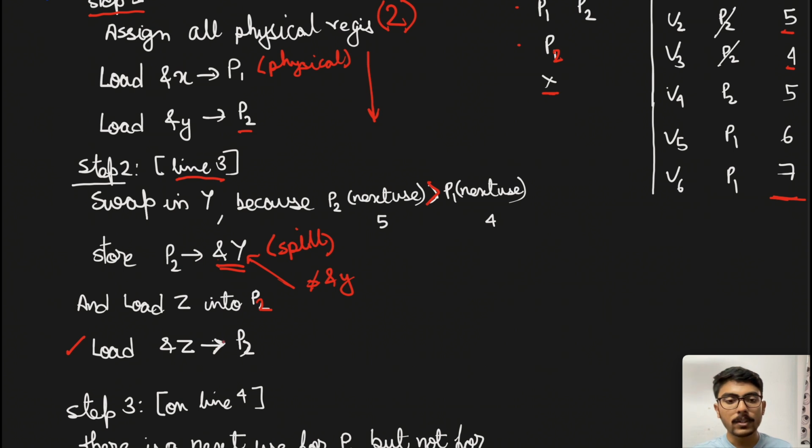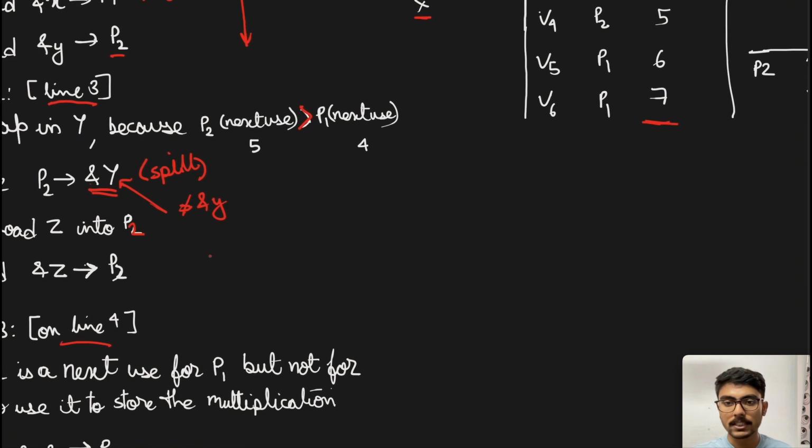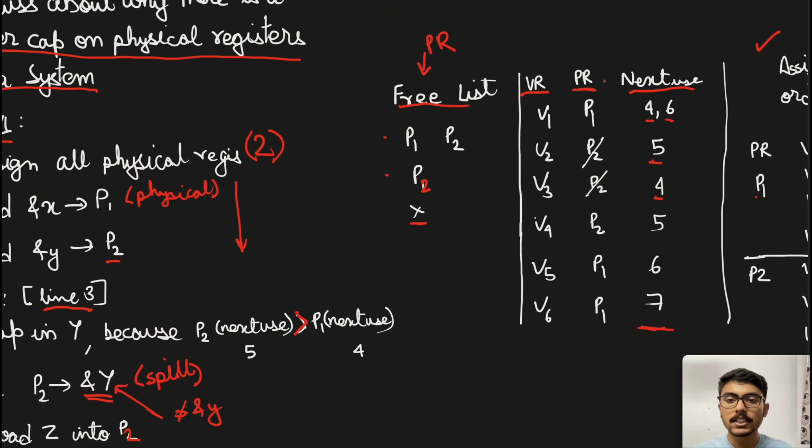Okay, now we come to the next step, that is step 3. We need to keep track of these tables as well. As you can see, if we look at the next use, first virtual register V1 was assigned P1 and the next uses were 4 and 6. Then V2 was assigned P2 and the next use was 5.